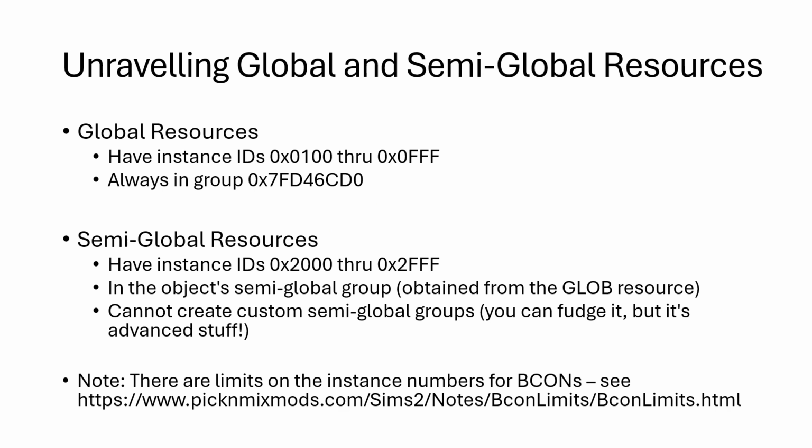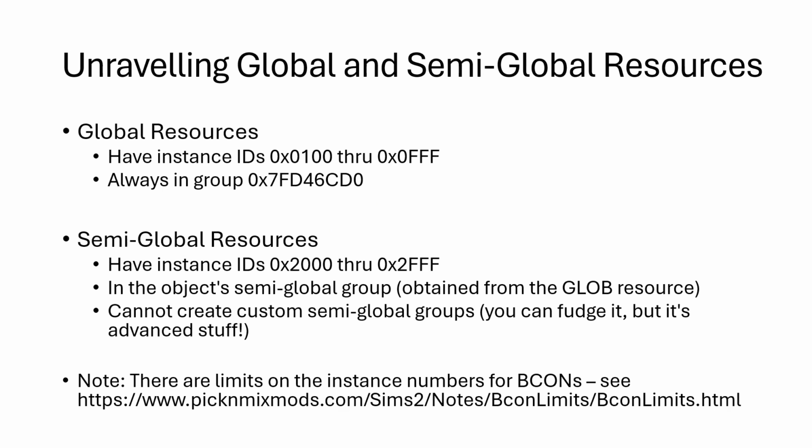So there is a chair semi-global group which all the chairs access. There is a lights semi-global group which all the lights can access. And semi-globals have instances in the 2000 through 2FFF hex range, and they're in a group which the object definition can locate.